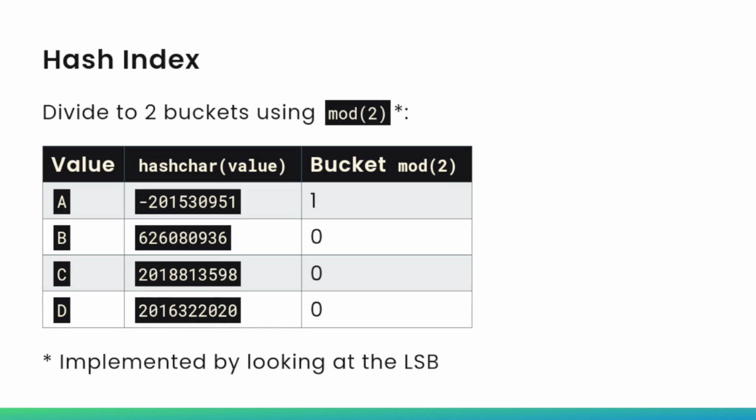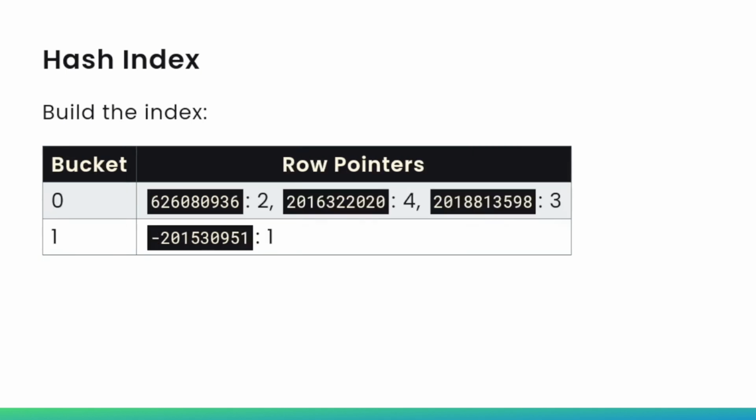We can see that the value A goes to bucket 1 and B, C, and D go to bucket 0. So now we can build our index, okay? This is our index. In bucket 0, we have 3 hash values, each pointing to the row in the table that contains this value. And we have bucket 1 with 1 hash value pointing to 1 row.